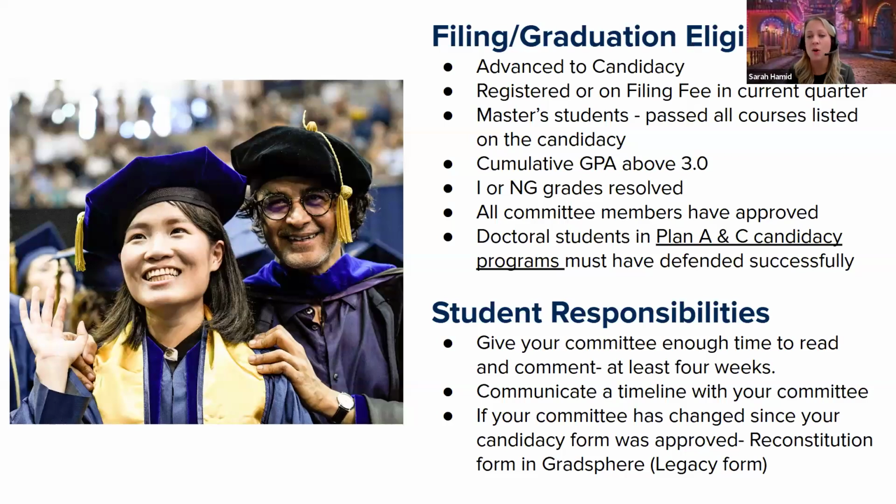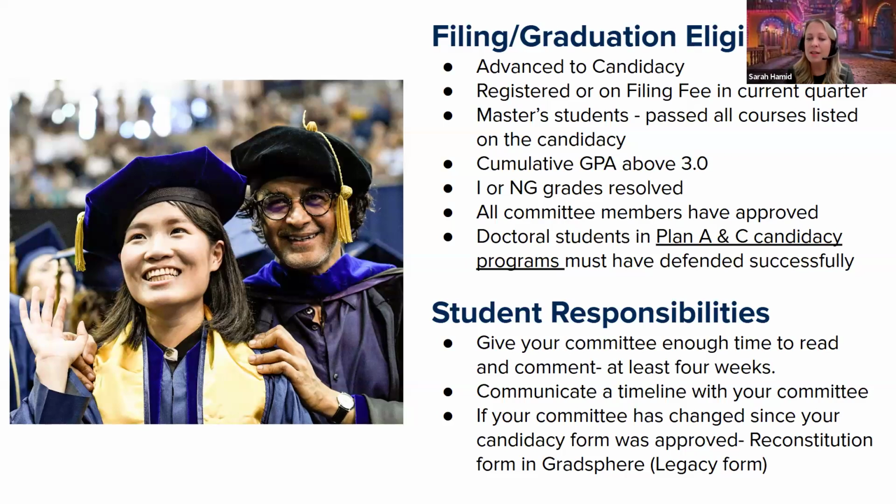The program will have to let us know. Most of our students are Plan B PhD students, which means you don't have this extra final defense to take. If you're not sure what plan you are, A, B, or C, you can talk to your program about that. The majority of you are on Plan B, and so we're not really looking for that final exam report, that final defense report.